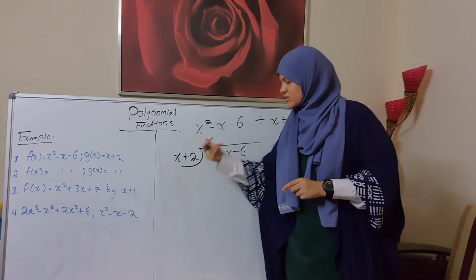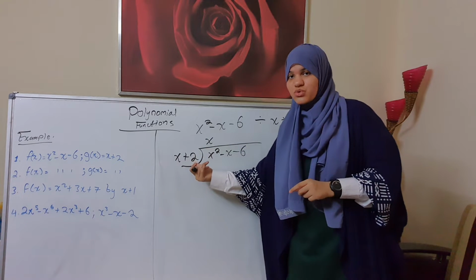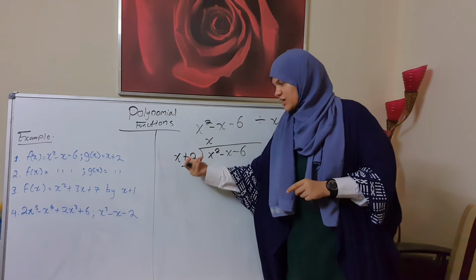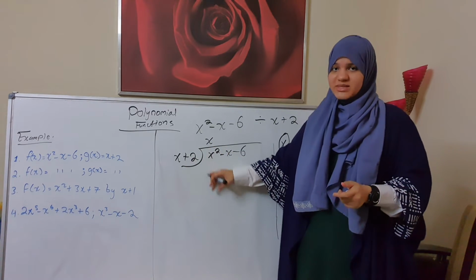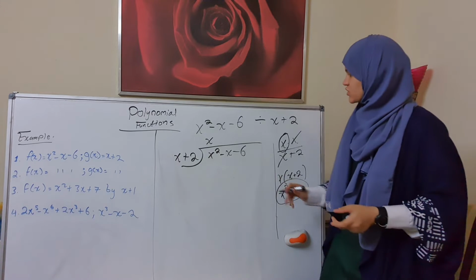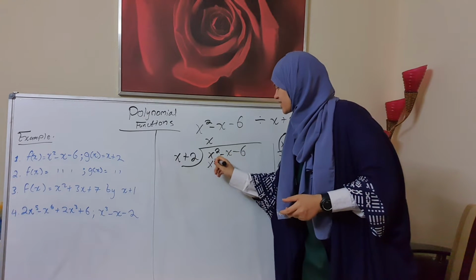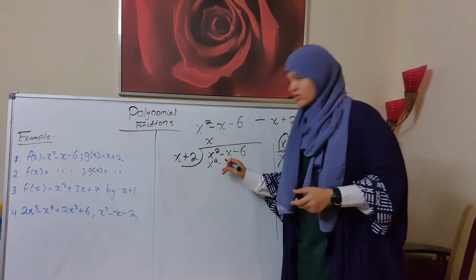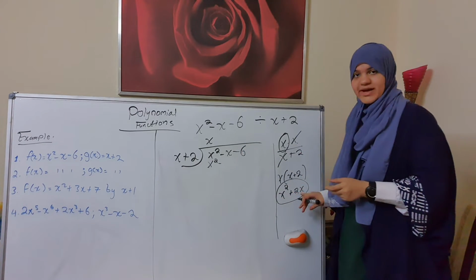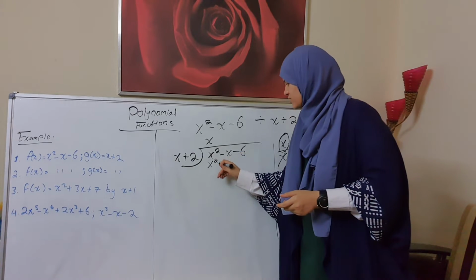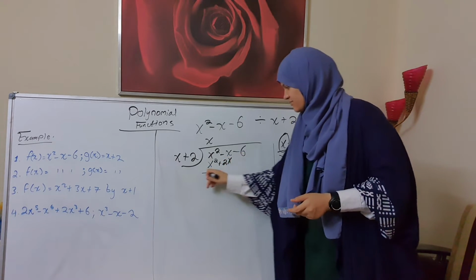This is the position for 2. That means plus 2. x times 2 will be 2x. So they will be like terms together. So what we'll put here is x squared minus what we have here, x, right? So what we get here is x squared plus 2x. So x squared plus 2x.